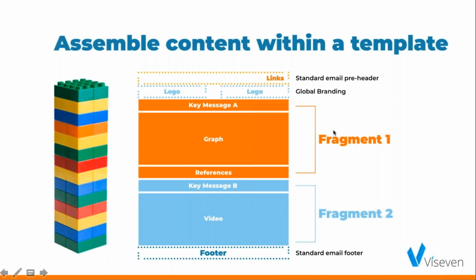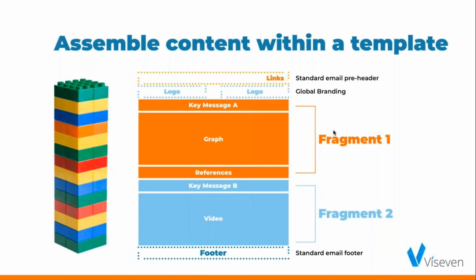For example, the business rule might say, use key message A only with key message B, or key message A should not be used with key message C. In this way, we really help marketeers to assemble content efficiently within a template.